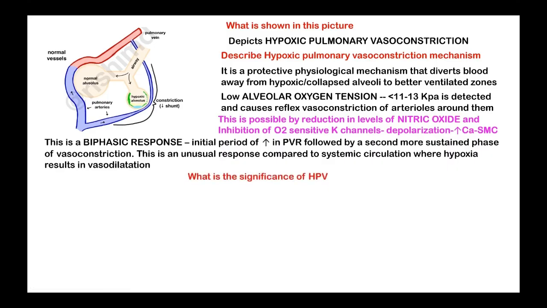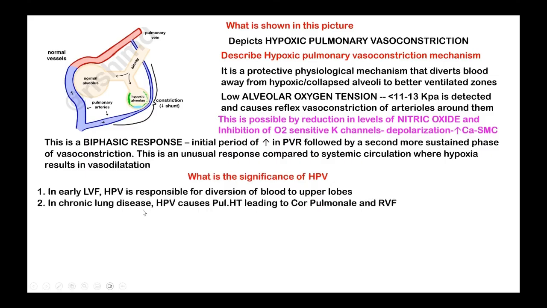What is the significance of hypoxic pulmonary vasoconstriction? During one lung ventilation it is useful. In early one lung ventilation, HPV is responsible for diversion of blood from the basal to the upper zones. In chronic lung disease, HPV will cause pulmonary hypertension leading to pulmonary and right ventricular failure. In cardiac shunts, hypoxia leads to increase in PVR, aggravating the right to left shunt.